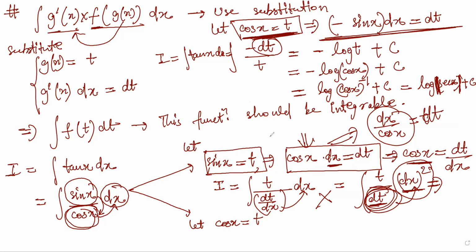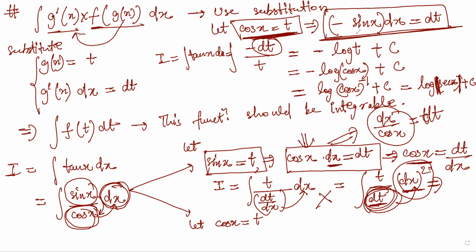Sometimes you will be very confused about what the right substitution is. So remember two things. First, the differentiation of that function should be present in the expression. And second, you also have to remove dx. So choose the function such that the differentiation part removes dx, just like it happened here.